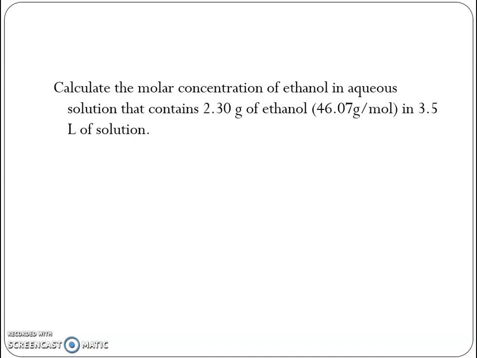Here is a question. Calculate the molar concentration of ethanol in aqueous solution that contains 2.30 gram of ethanol in 3.5 liters of solution. So you are having weight, you are having molecular weight. If molecular weight is not given, you can calculate on your own, because you know the molecular weights of elements like carbon, hydrogen, oxygen. All this you studied in 12th. So it is easy to calculate the molecular weight.